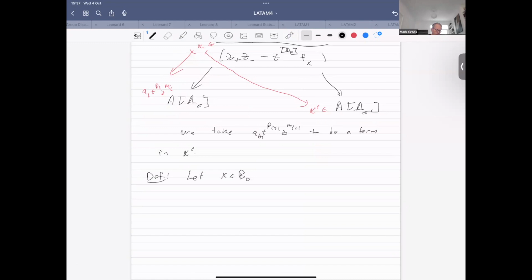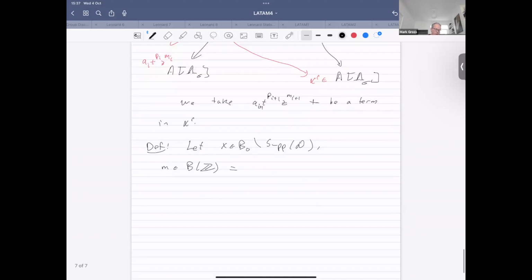B0, remember, is the locus where the affine structure is defined, and we remove also the support of D. So I want a point that doesn't live in any wall. And let m be a point, I'm going to write this as B of Z. This is an integral point of B. In other words, this is a point of B intersect Div D of X dual.